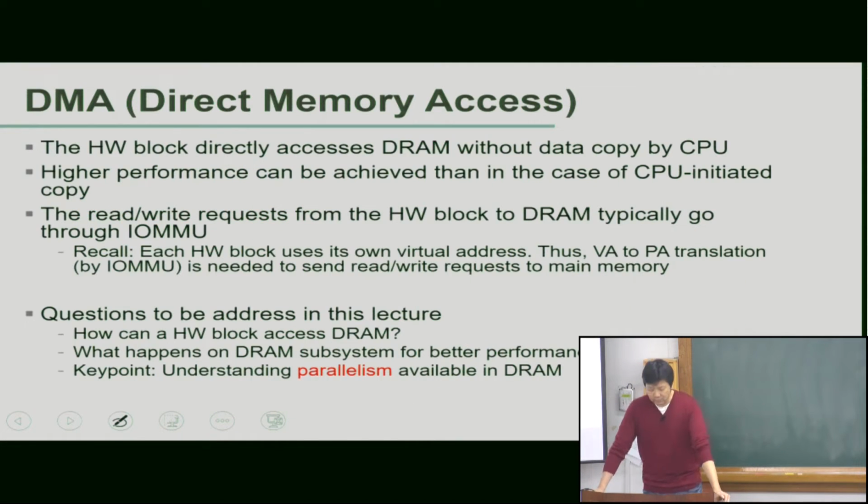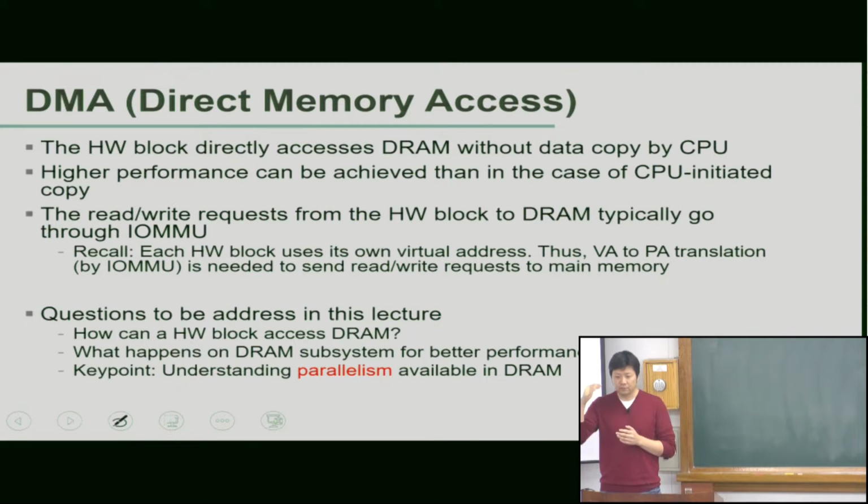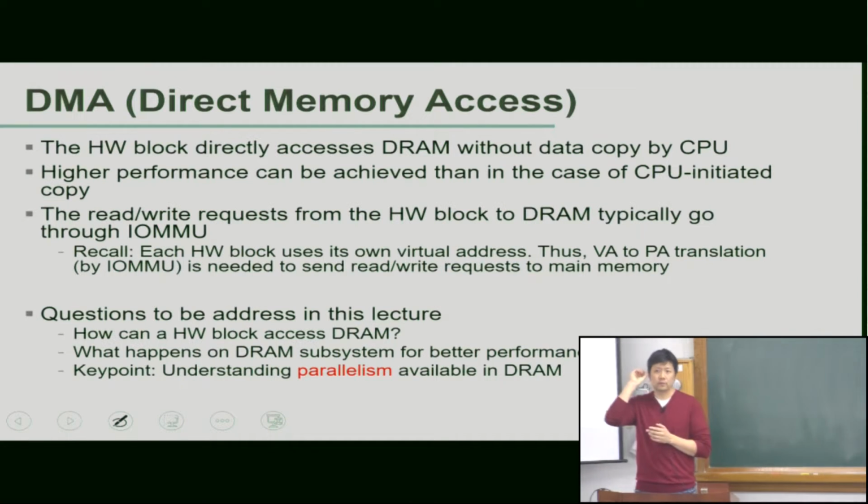What happens if a hardware block directly accesses DRAM? Let's say you design a new IP, it could be a matrix multiplier, a vector processor, or an image processor. Whatever custom hardware IP you design, typically this hardware block directly accesses DRAM without the CPU copying data. This is called DMA, direct memory access. Instead of going through the CPU, the IP block puts a request to read or write directly to DRAM.